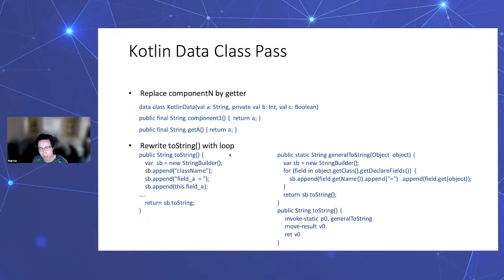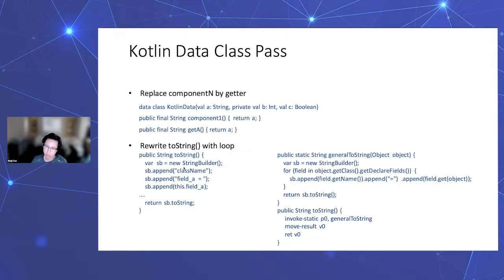The second one is toString. toString is also automatically generated by the Kotlin compiler. It basically generates the printing algorithm for each field, and it's very trivial to generate.